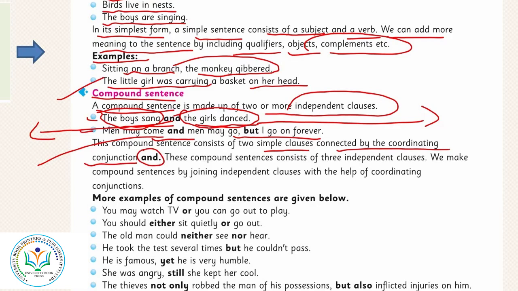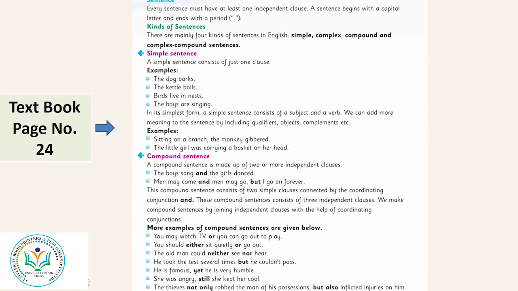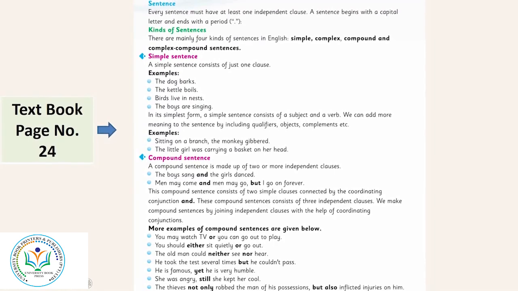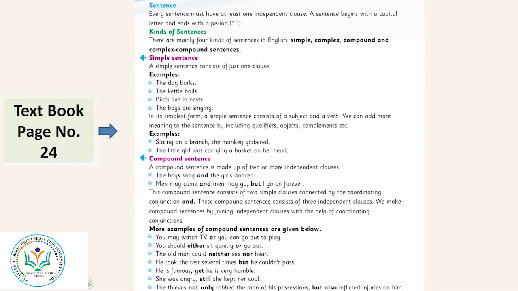And here is called the coordinating conjunction. A coordinating conjunction is one that joins two sentences together. These compound sentences consist of three independent clauses. We make compound sentences by joining independent clauses with the help of a coordinating conjunction. We join the two independent clauses by adding a coordinating conjunction such as but, because, and, if, when, etc.